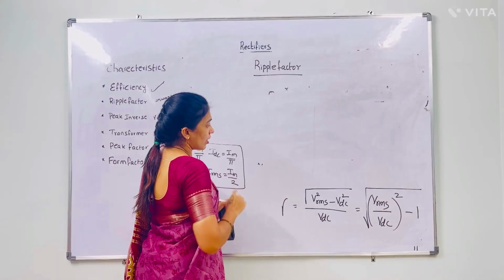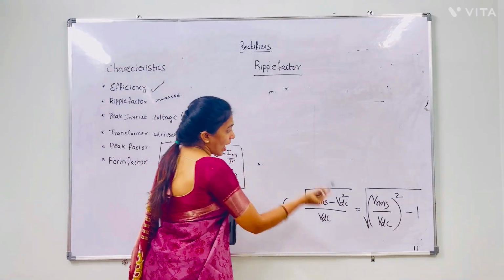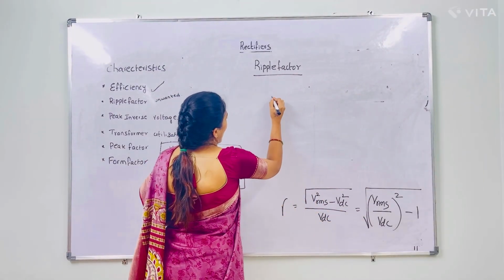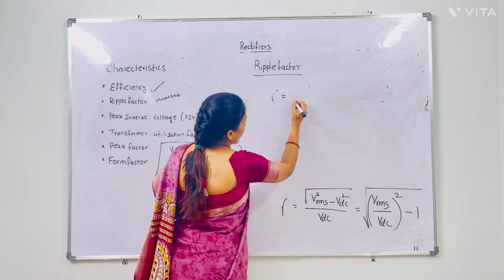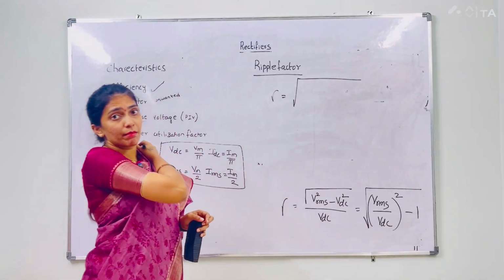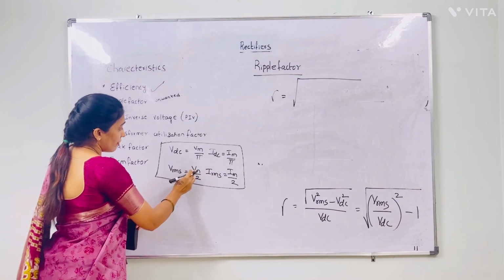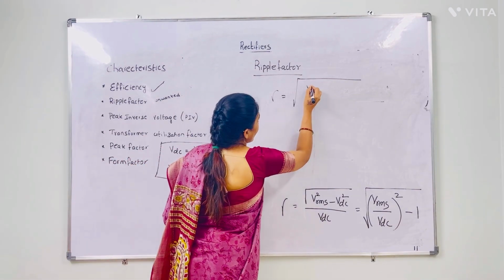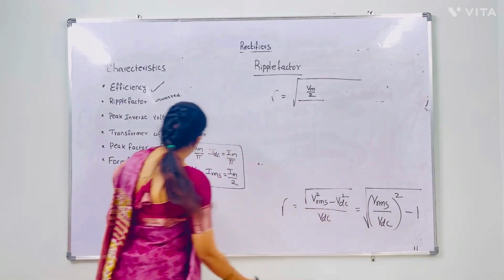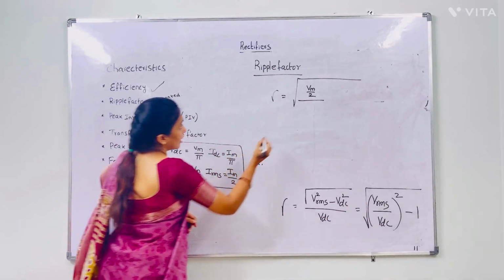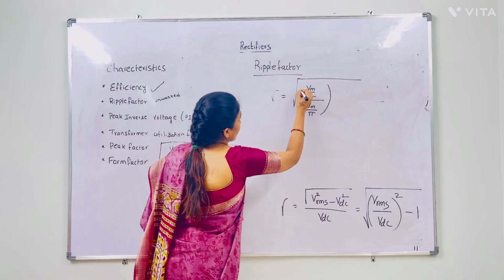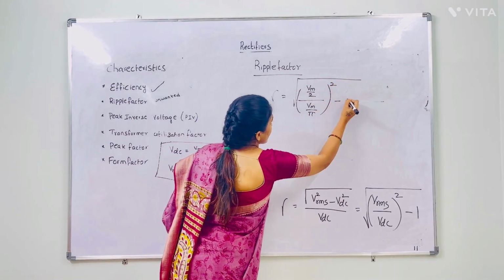So gamma equals under root ((Vm by 2) by (Vm by pi)) whole square minus 1.